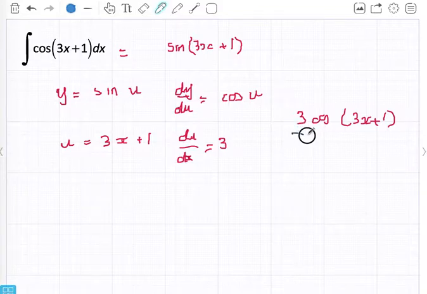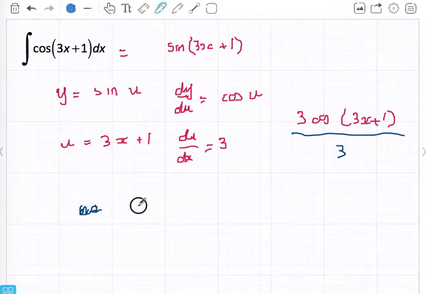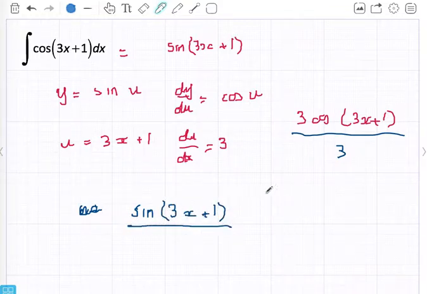I just divide by 3. So my actual answer will be sine of 3x plus 1, and then just like I had here, this time I want to divide by that 3.